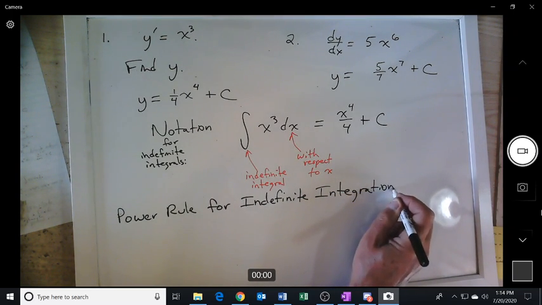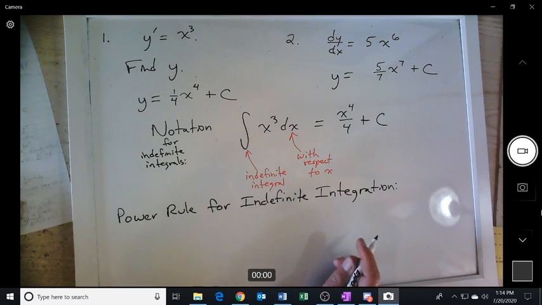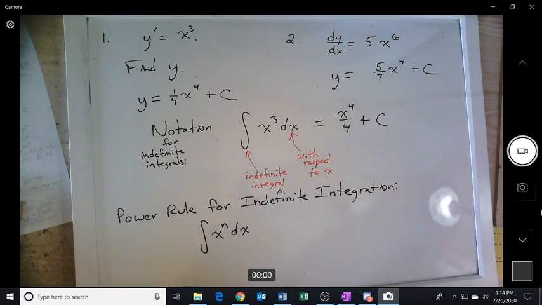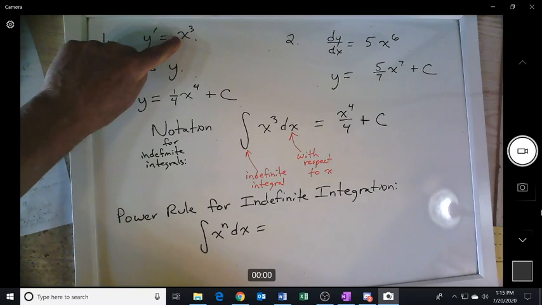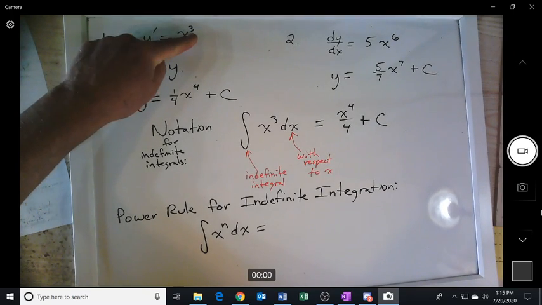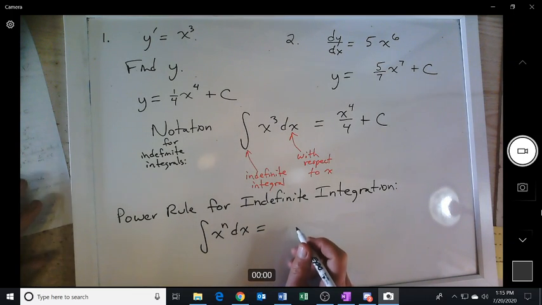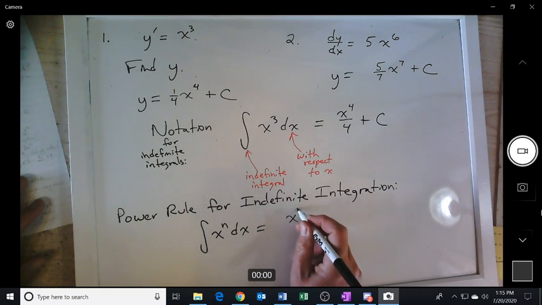You can call this the antiderivative, but we'll be losing that terminology. We'll more commonly call it the indefinite integral of x to the n dx is equal to, all right, now when we did it over here, think of this as the n now. You get 1 power higher than that. So it's just going to be x to the n plus 1.